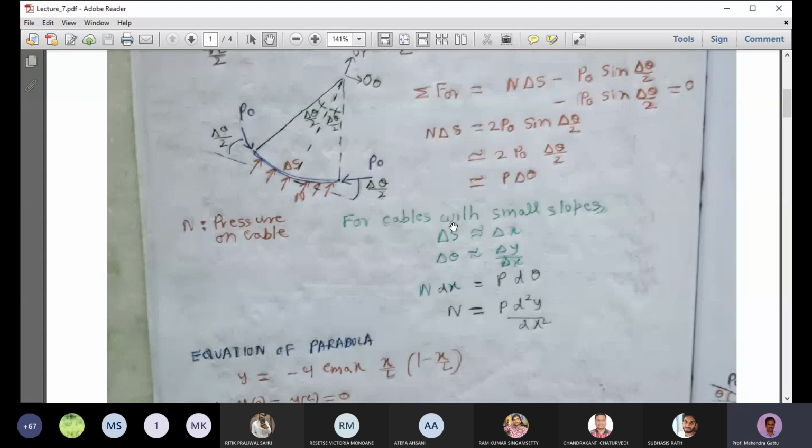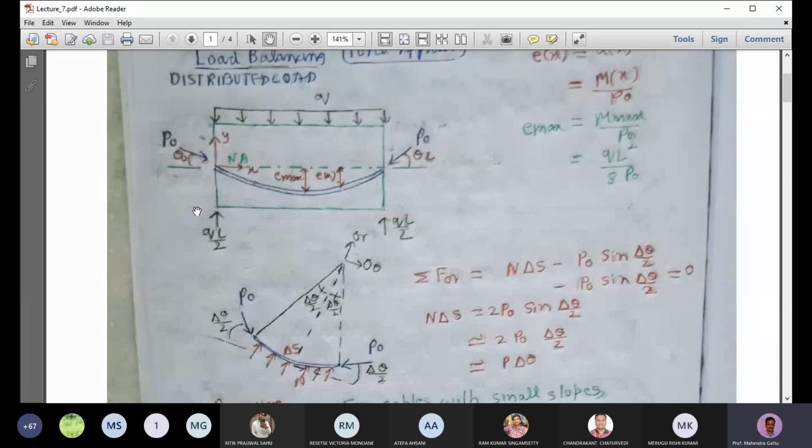Now we make one more assumption here. If you look at the cable, the length of the beam span may be like 10 meters, and the eccentricities provided are usually very small, around 20 or 30 millimeters. If you compare, the span will be 10 into 1000, so 10,000 millimeters, and this eccentricity will be some 20, 30.